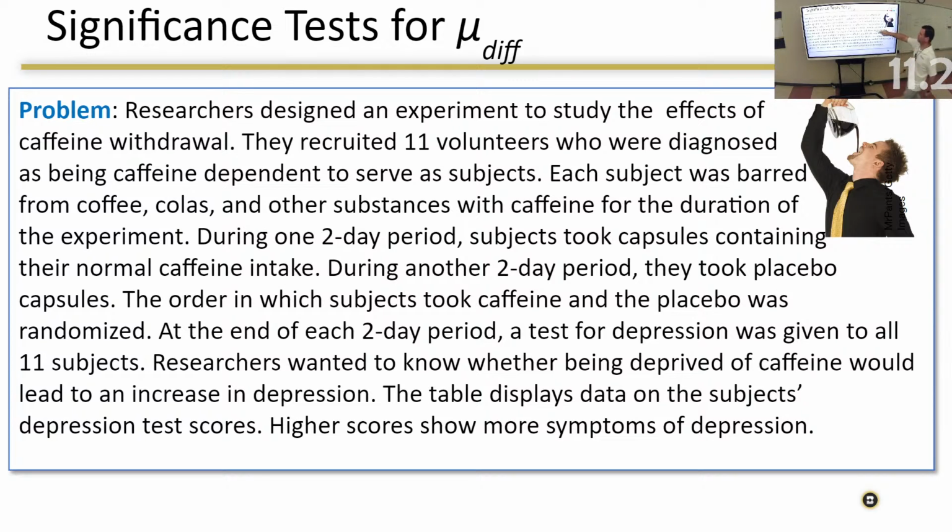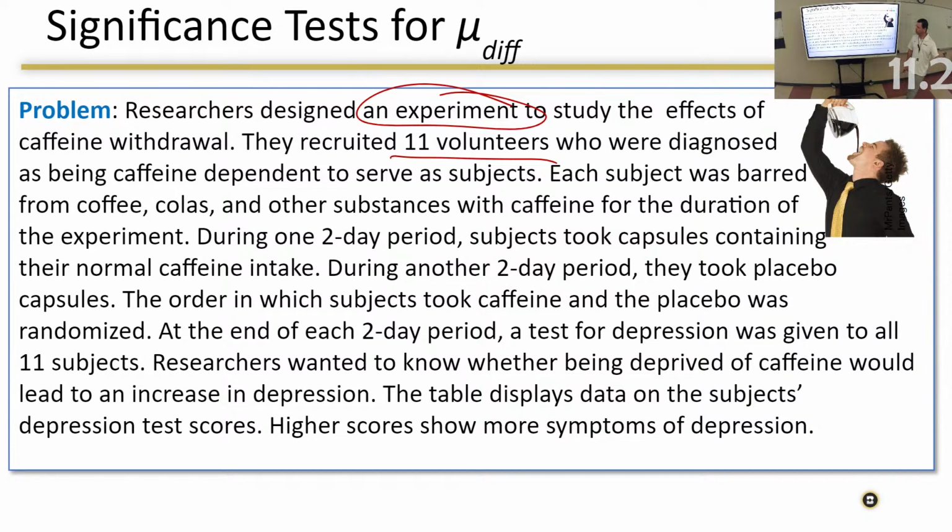Researchers design an experiment. Uh-oh, there we go. We got an experiment, okay? Study the effects of caffeine withdrawal. They recruited 11 volunteers. We don't like volunteers, but they used them. It's okay. Who were diagnosed as being caffeine dependent to serve as subjects. Each subject was barred from coffee, colas, and other substances with caffeine for the duration of the experiment.